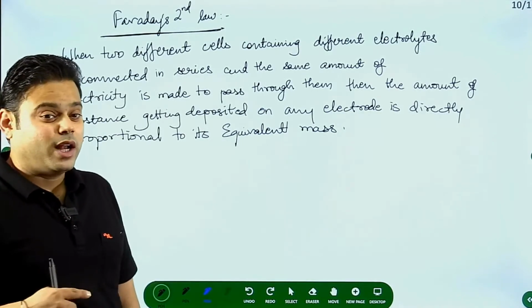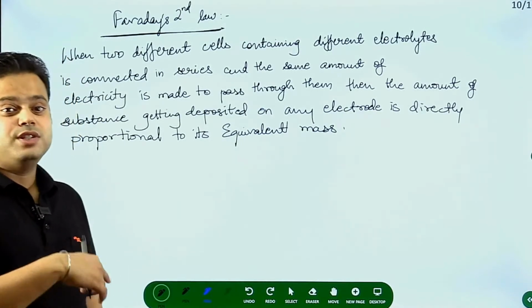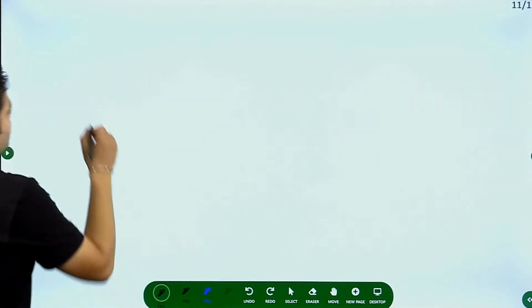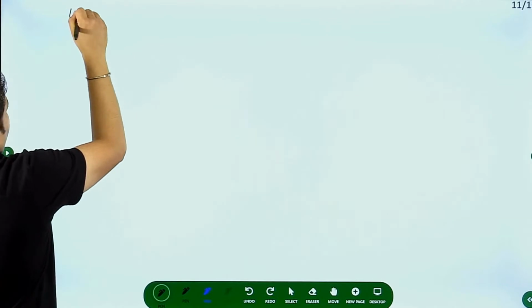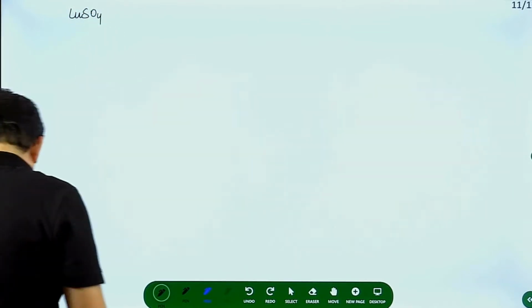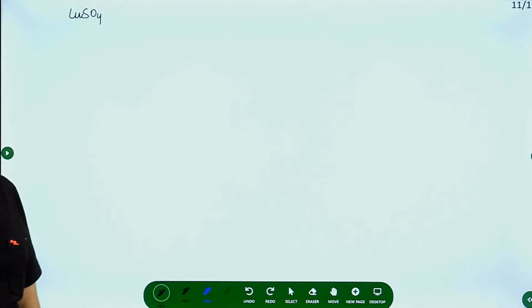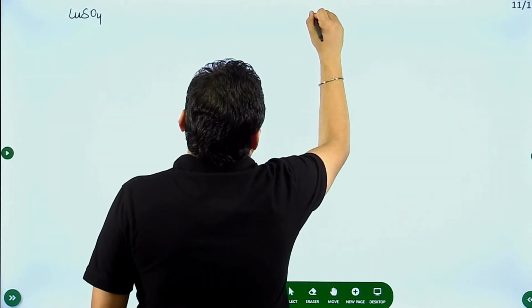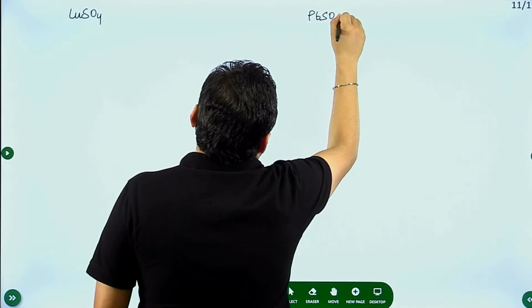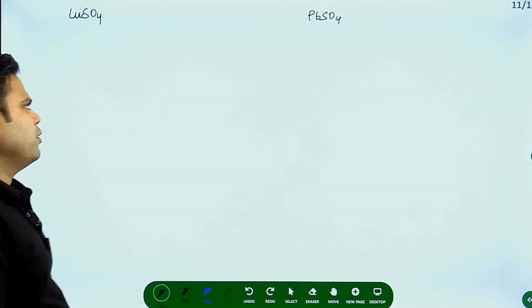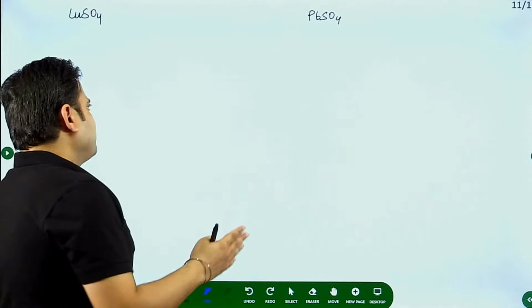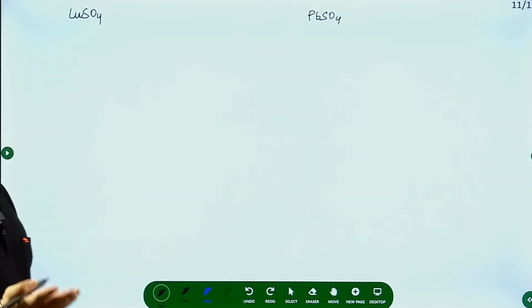What is the formula for equivalent mass? Molar mass upon valency, which we just saw. So यहाँ पर अगर हम बोलते हैं we have a cell which is containing an electrolyte, let us say copper sulfate. We have a cell with copper sulfate, okay, and we have another cell, let us say with lead sulfate, that is PbSO4. Okay, so now what basically will happen? या अगर lead and copper आपको नहीं लेना है, you can go for any other substance as well.